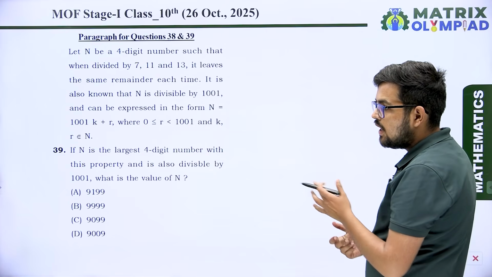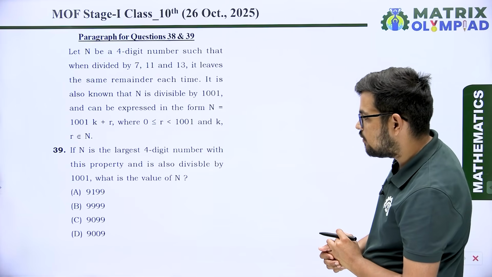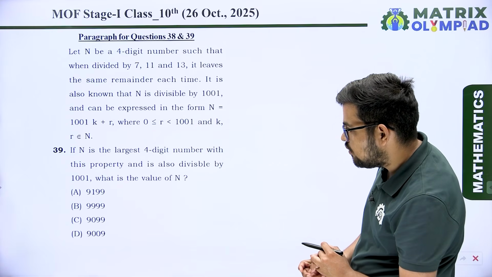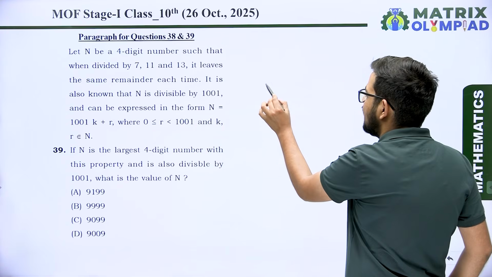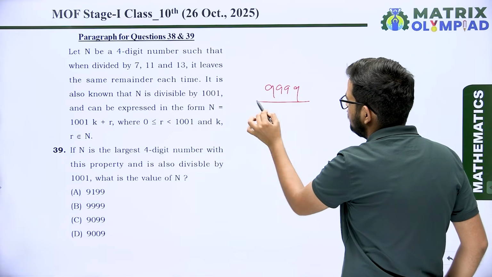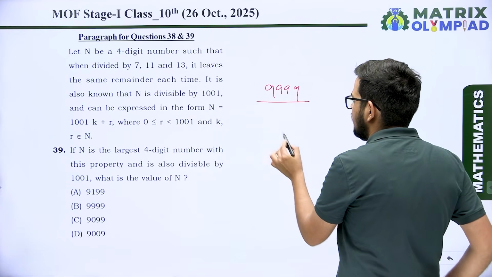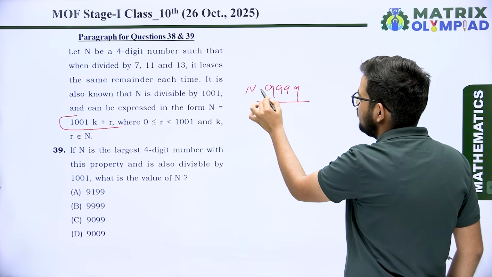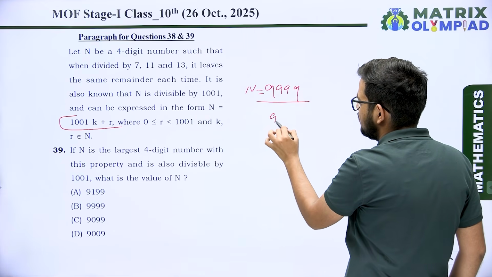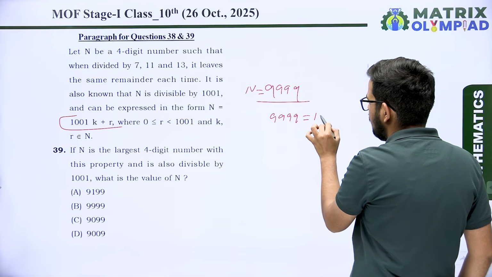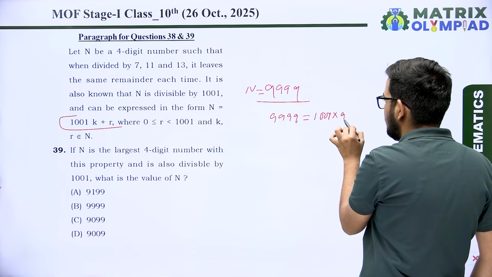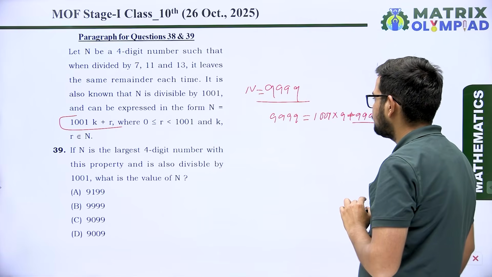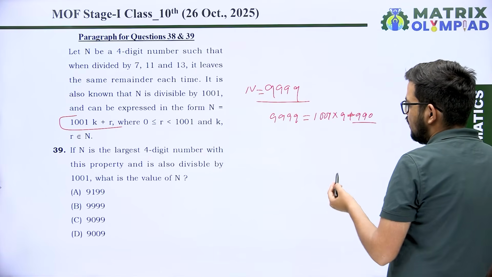Next, question number 39. If N is the largest 4-digit number with this property and is also divisible by 1001, what is the value of N? The largest 4-digit number is 9999, so you can write 9999 = 1001 × 9 + 990.